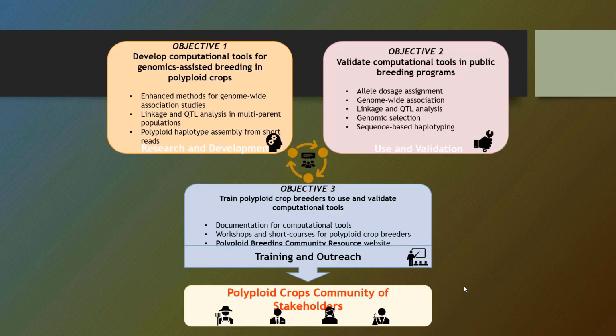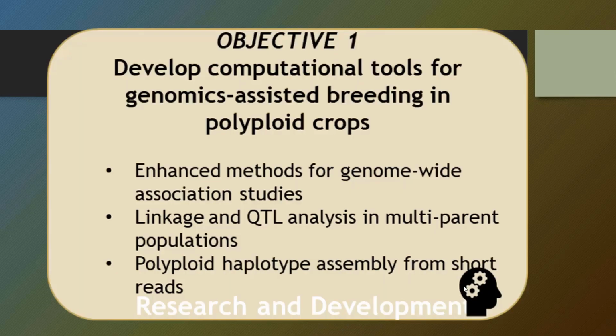Now, the objectives of this project are threefold, and we'll go through these one by one. So starting with objective one, develop the computational tools for genomic-assisted breeding of polyploid crops.